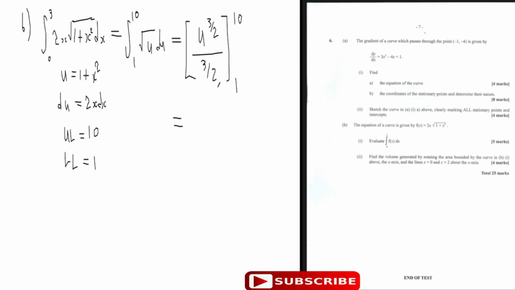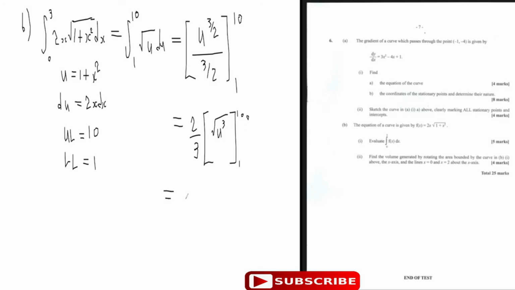First and foremost, 1 over 3 over 2 is 2 over 3, so I'm going to factor out the 2 over 3. Write it as 2 over 3 times u cubed, square rooted, from 1 to 10. I'm just making it a little prettier. Now you can find the integral of that.